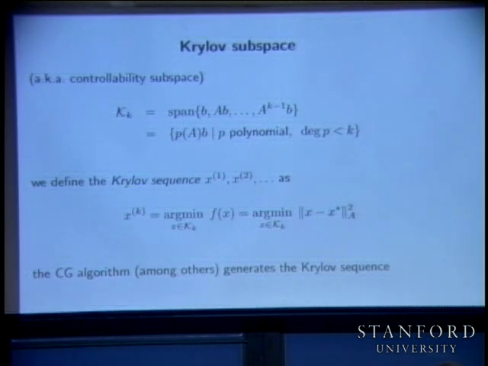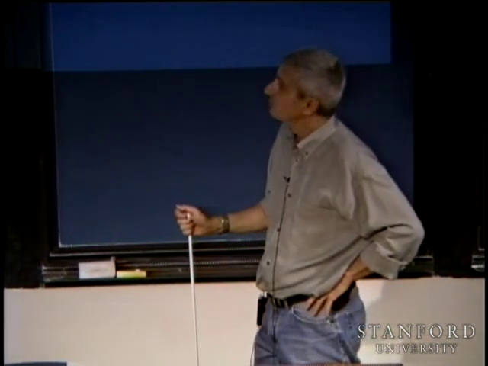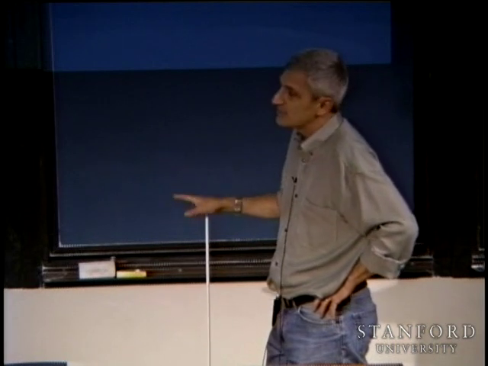So for example, the x1 is something like this. It's along the only direction you search on is B, and so you adjust the coefficient in front of B so that you get alpha B minimizes norm A x minus B square. The quadratic form. Okay, so that's what you'd minimize along there, and you get some multiple.